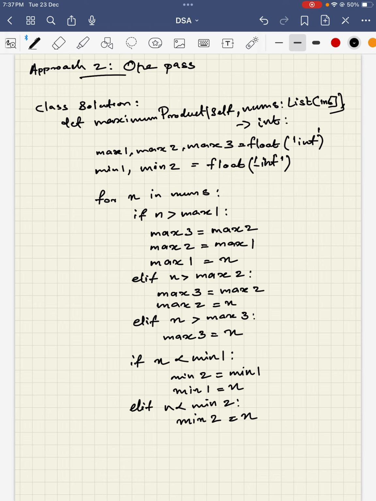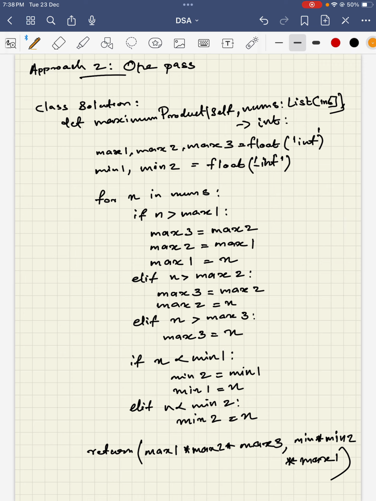And at the end we just need to return either the top 3 elements, max1 times max2 times max3, or min1 multiplied by min2 multiplied by max1. This would be our solution.